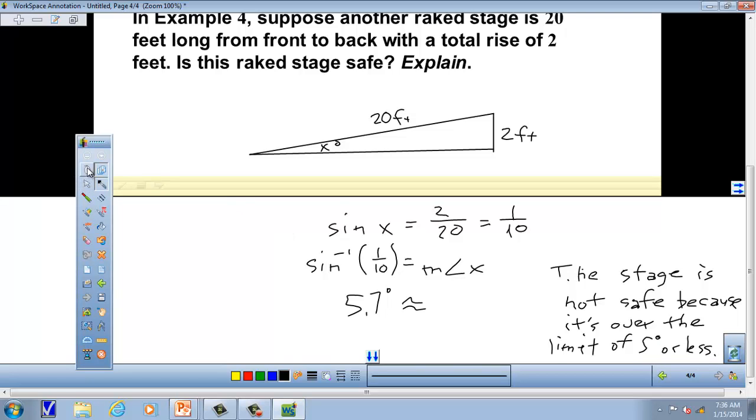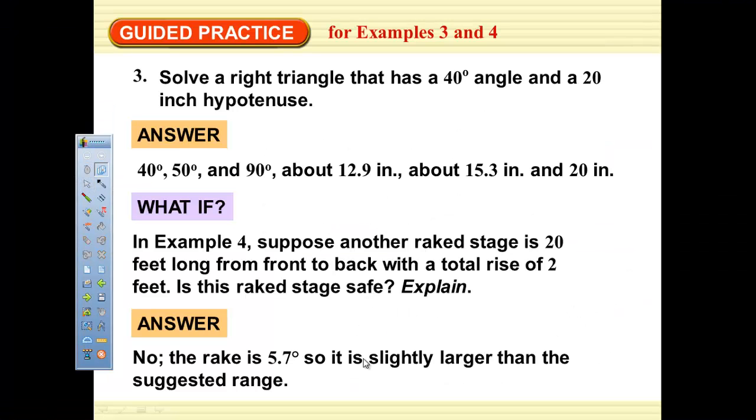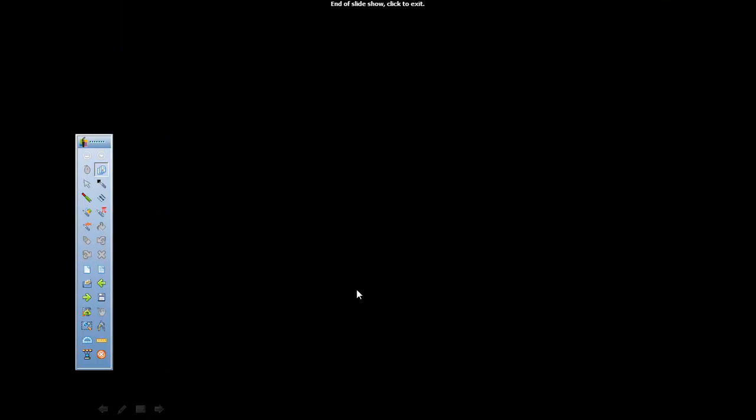Okay? And it's slightly larger than the suggested range. Exactly. And that's it. Thank you.